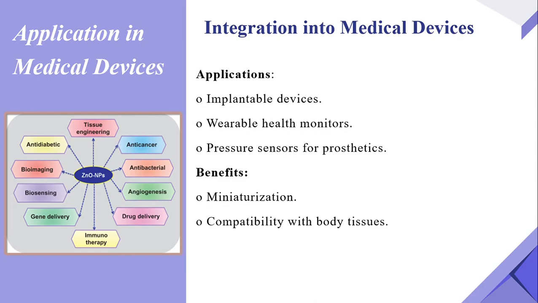Here the artificial joint and pressure sensor are fit in it, and when it observes the pressure, it results in the movement of the prosthetic socket. And mainly its benefits involve miniaturization and its compatibility with body tissues.